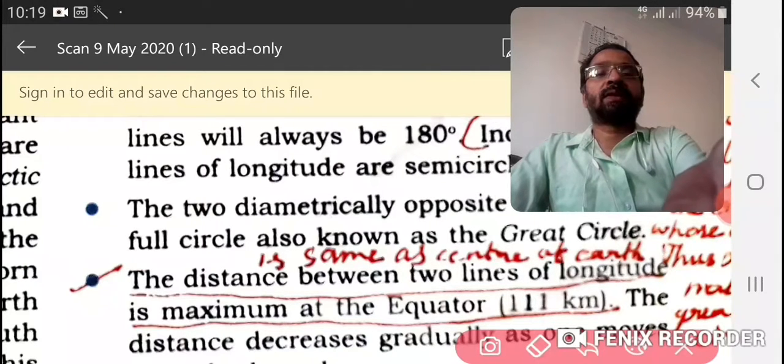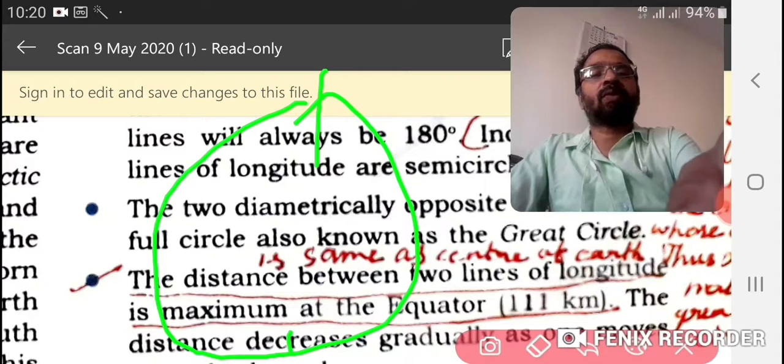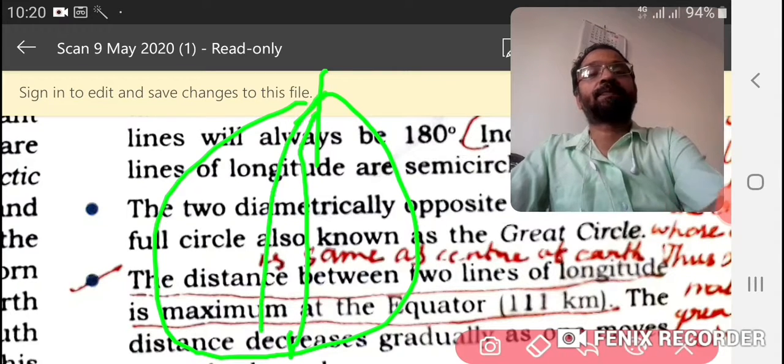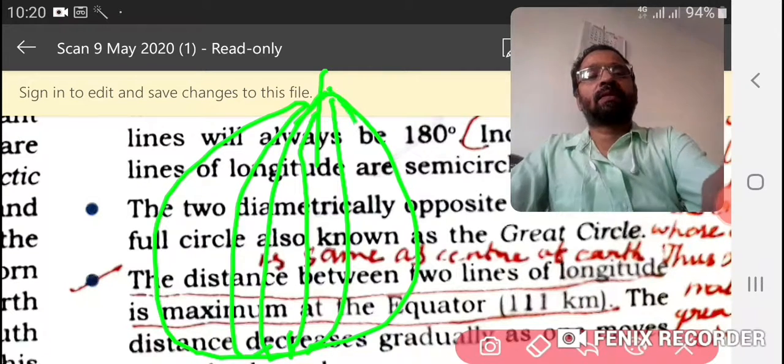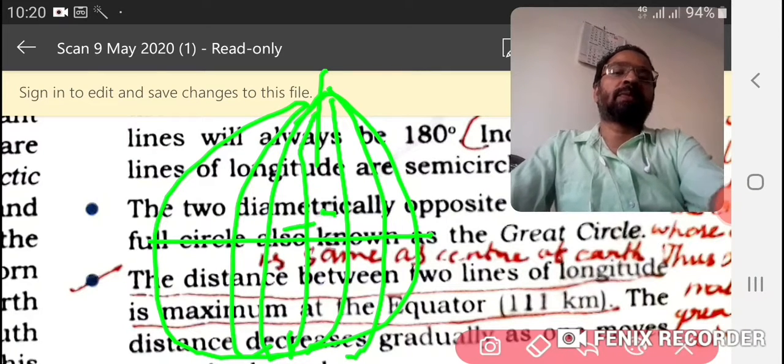Now you see, this is the north pole and another one is the south pole. All the lines come and touch both poles like this. At the equator the distance will be the same for all meridians.